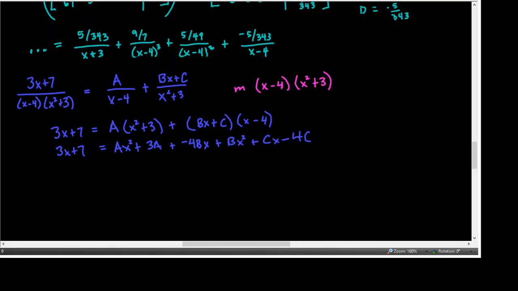Okay, so the coefficients of x squared are a and b, so a plus b has to equal the number of x squared on the other side, which is 0x squared.